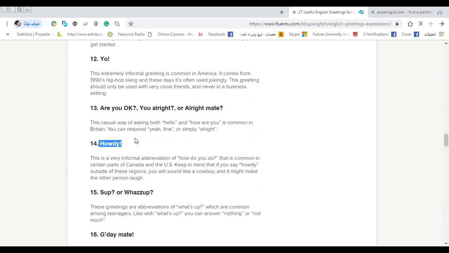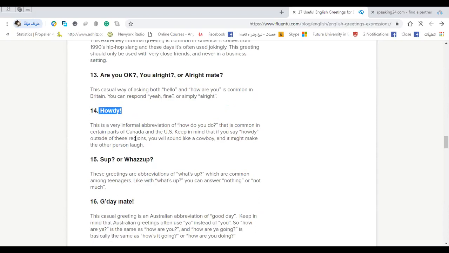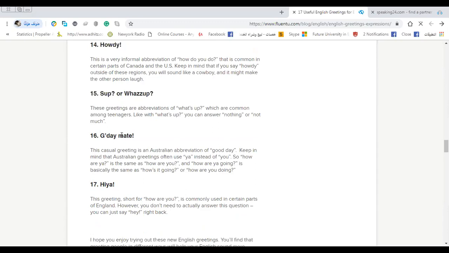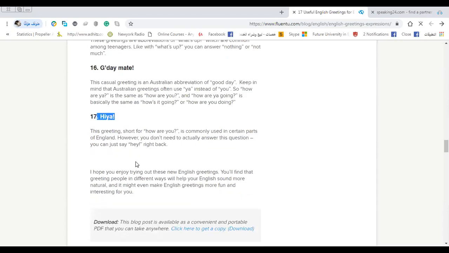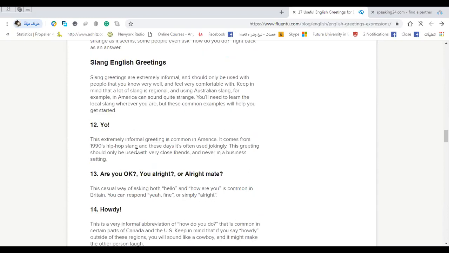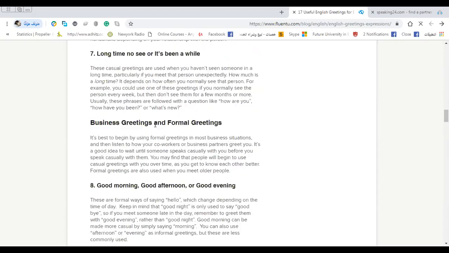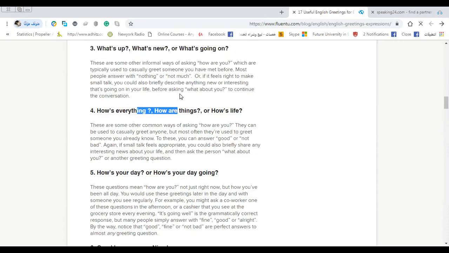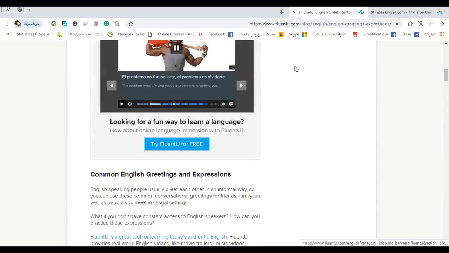Howdy is like how do you do. Sup, what's up, or good day mate, or heya. All these slang expressions mean the same: hi, how are you? So you're going to use the formal expressions, so that it will be better for others to understand you.